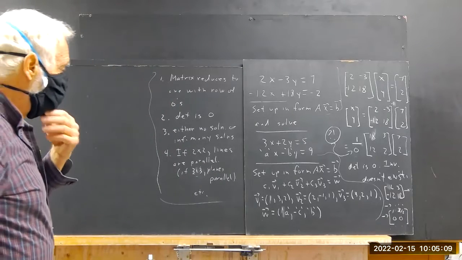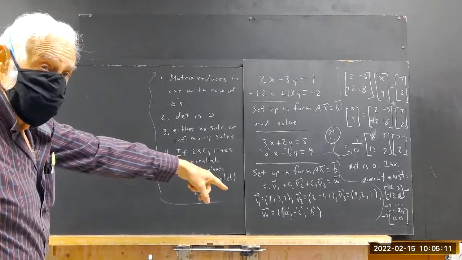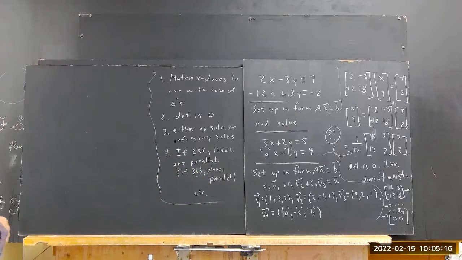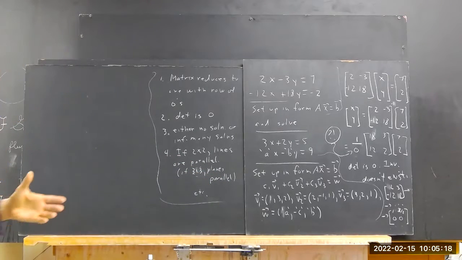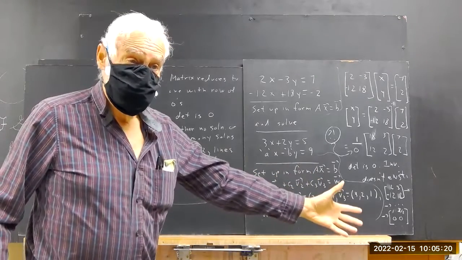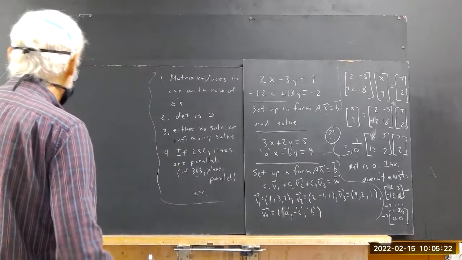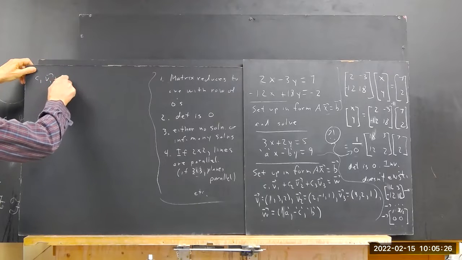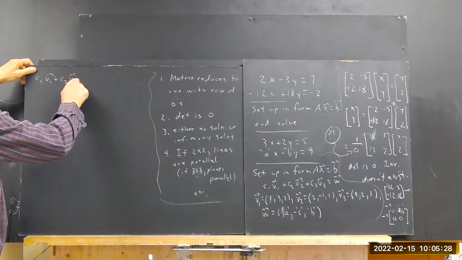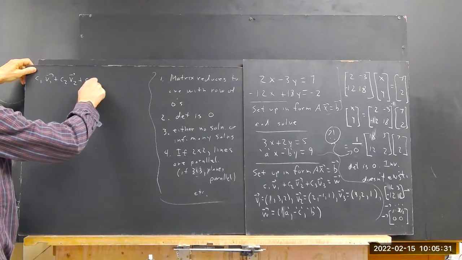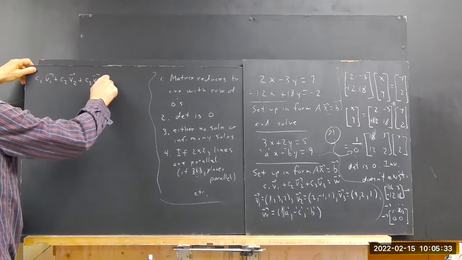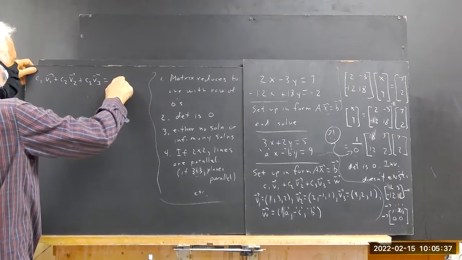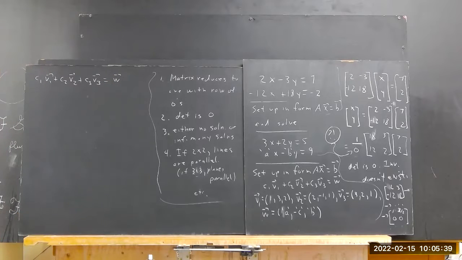Now, for the third problem, we want to set this up in the form of a matrix, okay? I advocate that you write out the system of equations, okay? So we have C1 V1 plus C2 V2 plus C3 V3 equals W, okay?